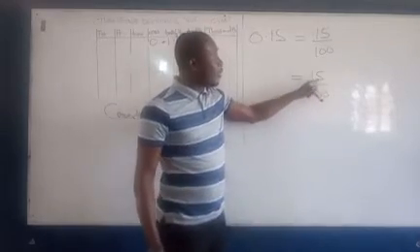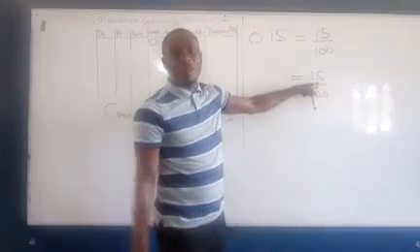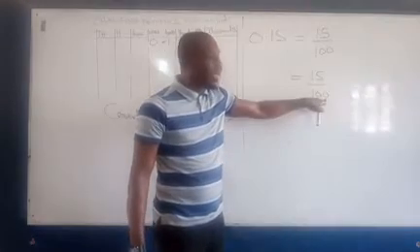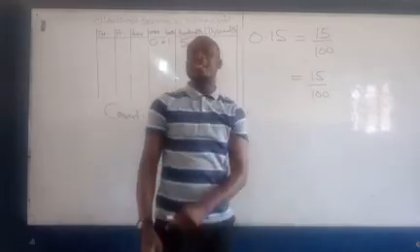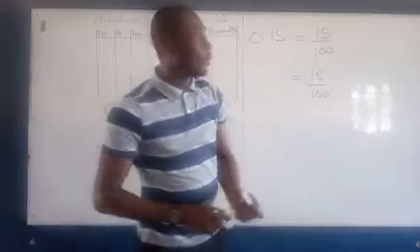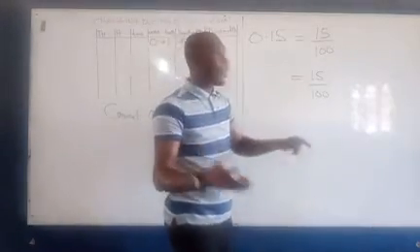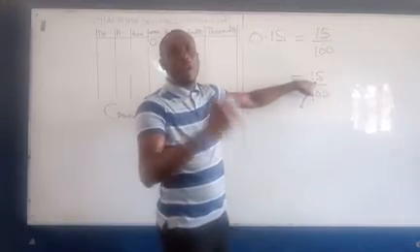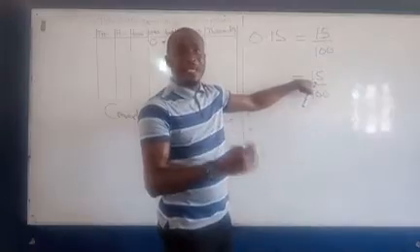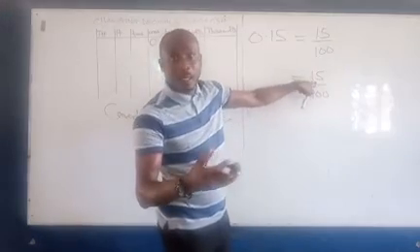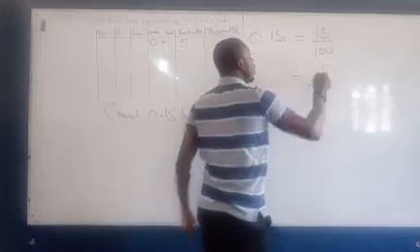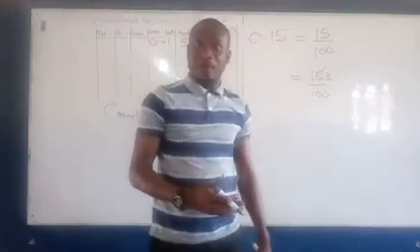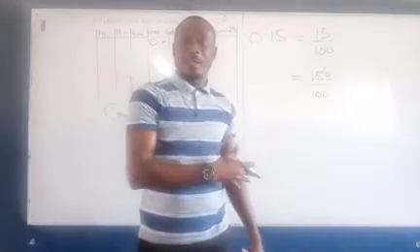Please, the numerator ends with which number? 5. And the denominator also ends with what? 0. So what number can simplify? 5. How many groups of 5 can we get out of 15? Or what number of 5 can divide 15 how many times? That is what? 3. Good. So 5 here, 3. Then we are going to use the same 5 to divide 100, isn't it?